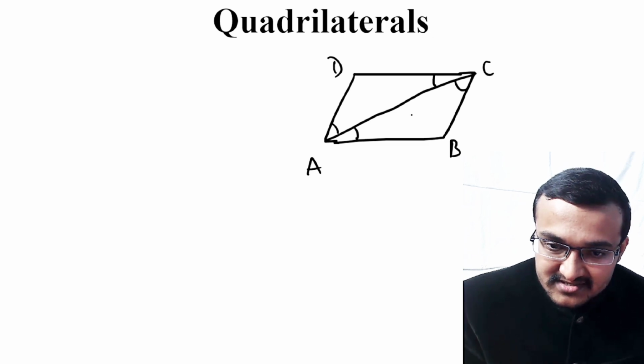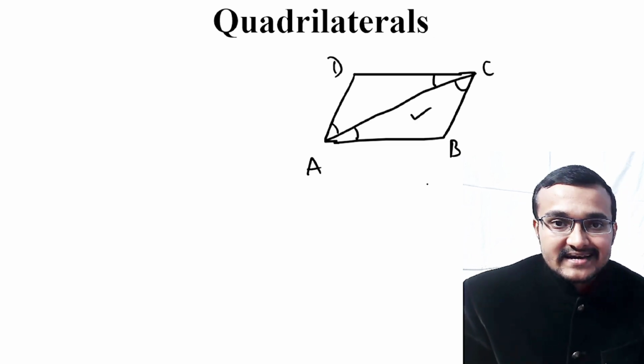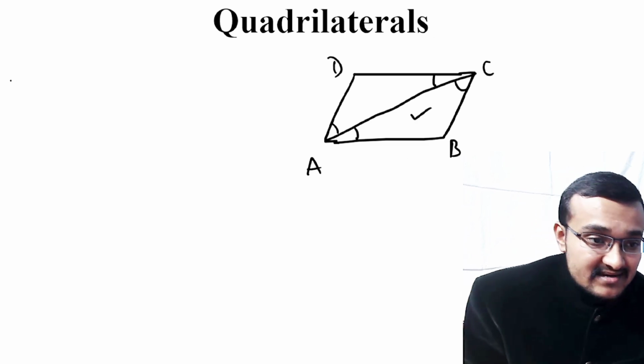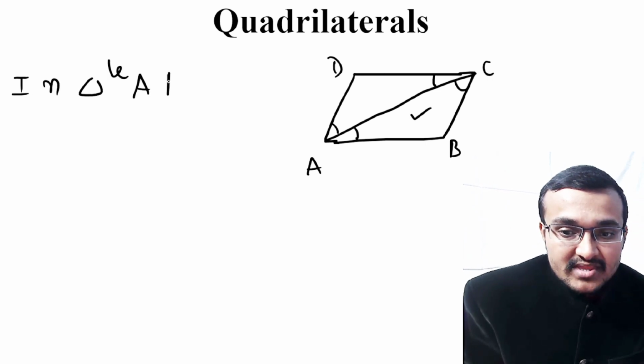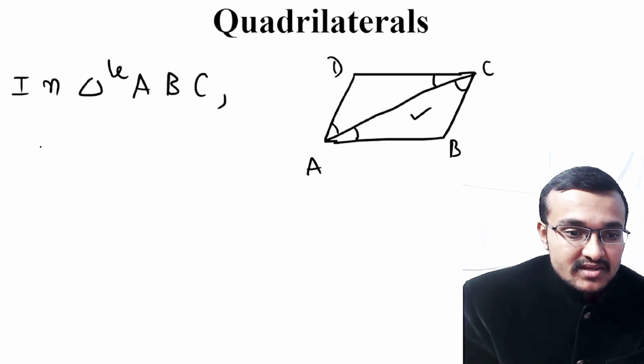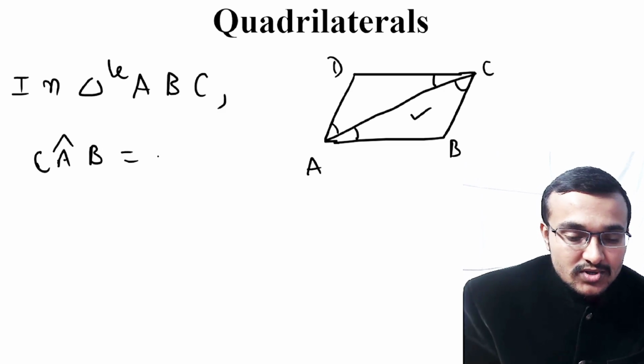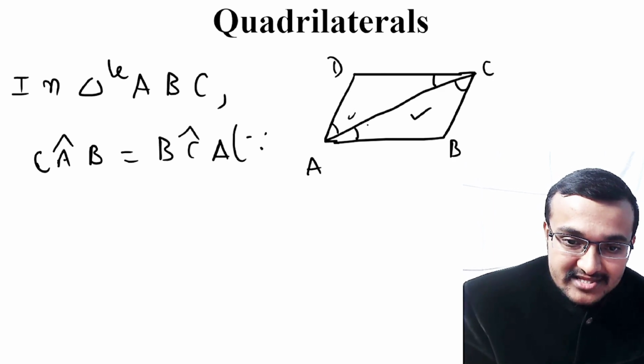Now we will just consider this triangle. So in triangle ABC, angle CAB is equal to angle BCA, because we have already proved that all these four angles are equal to each other.